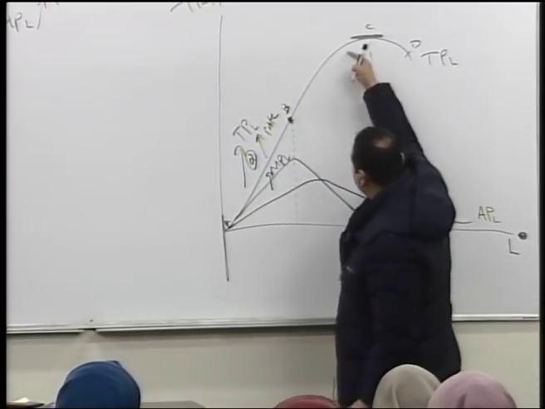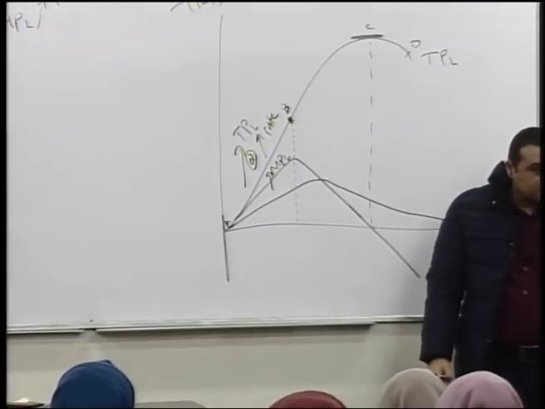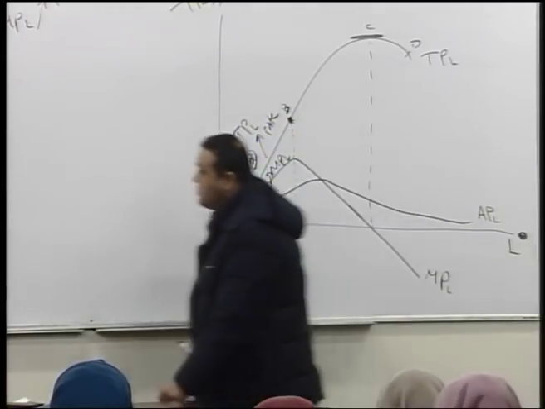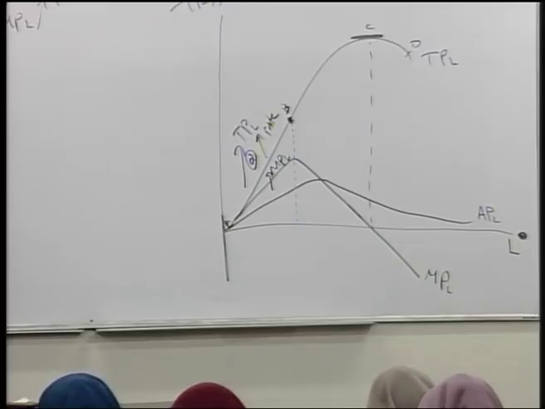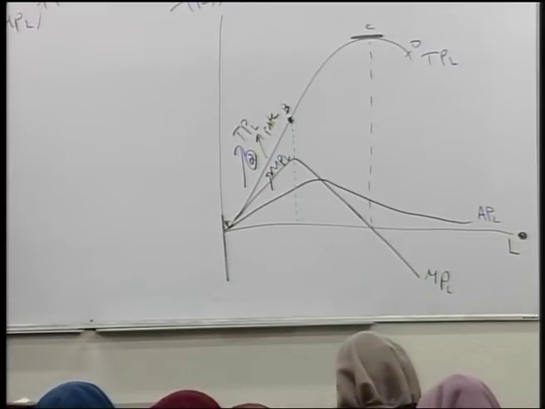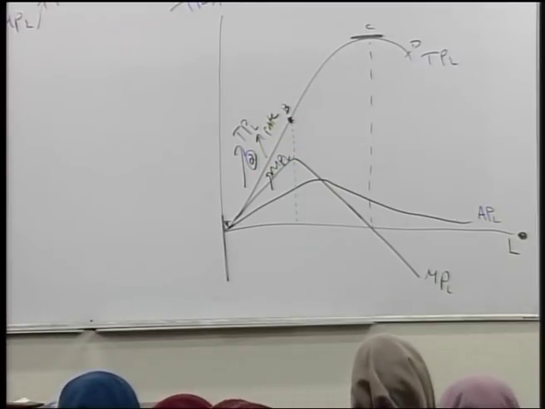It is going up, but the speed of rising is less than before. Right? So, in the first stage, from A to B, when the total production of labor is increasing at an increasing rate, the marginal production of labor is increasing and positive.